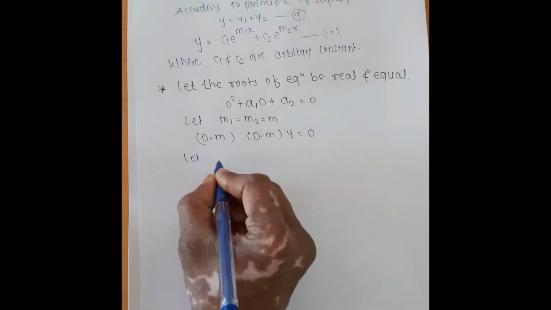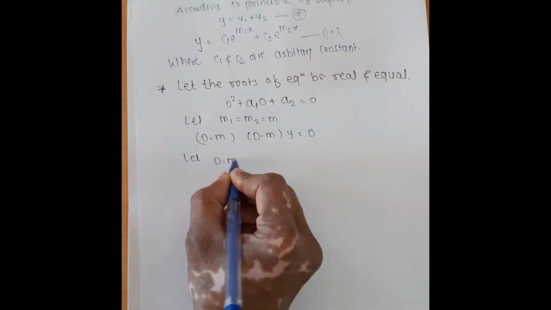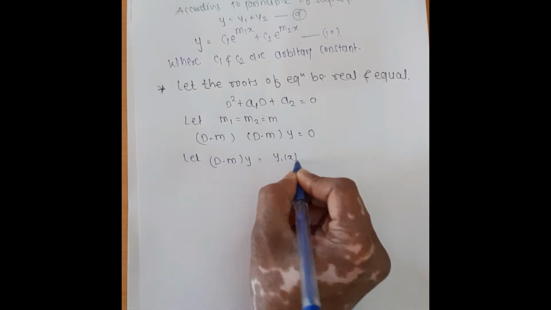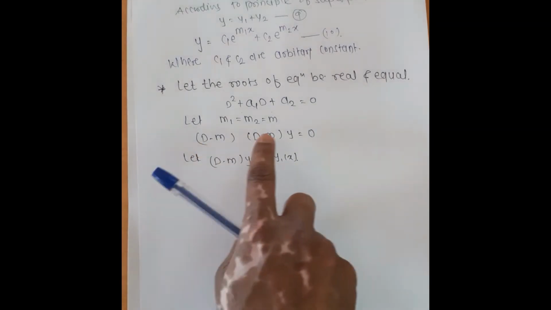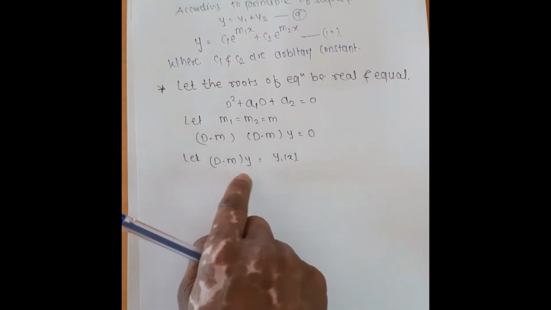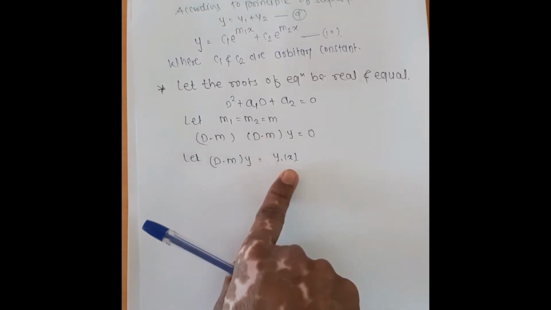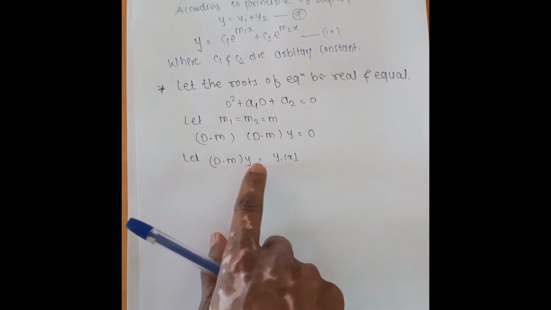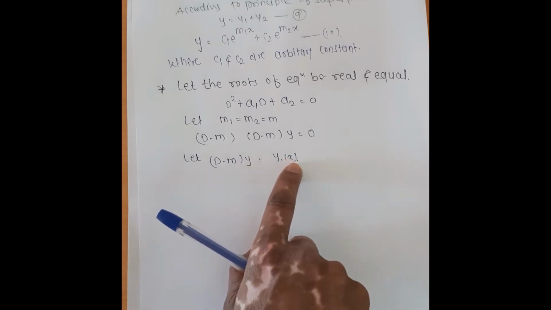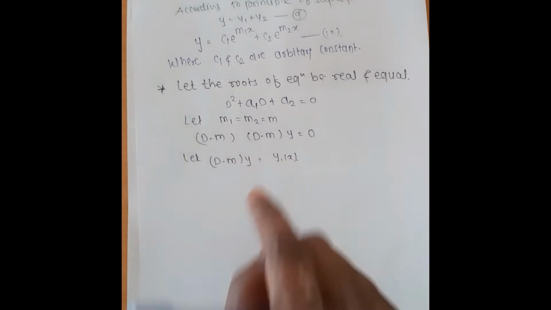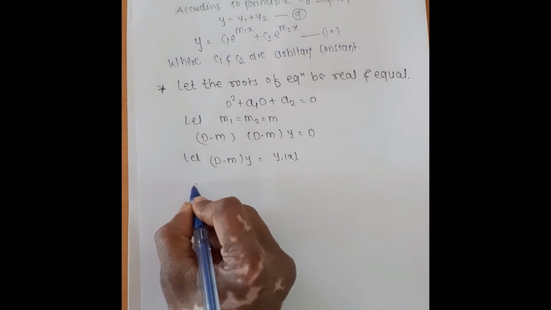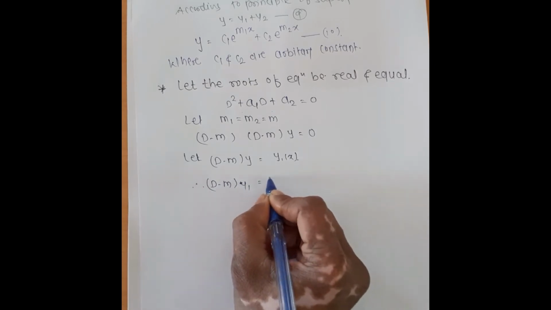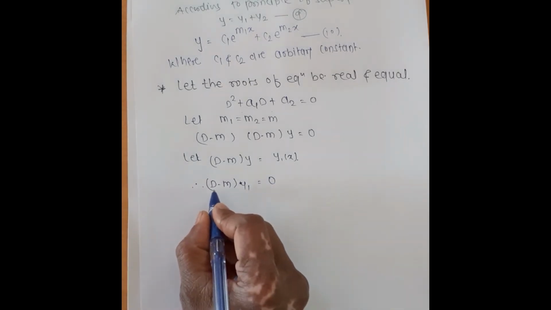Let (D minus m) of y equals y1 of x, because here two functions are there: one function is called y and the other is called y1. Then this equation becomes (D minus m) of y1 equals 0.